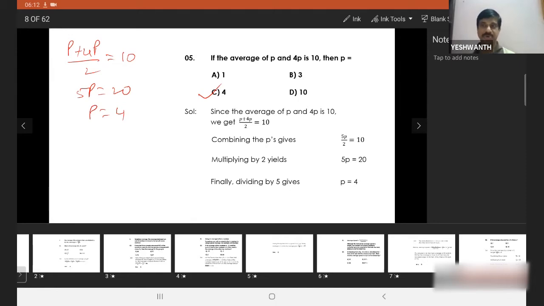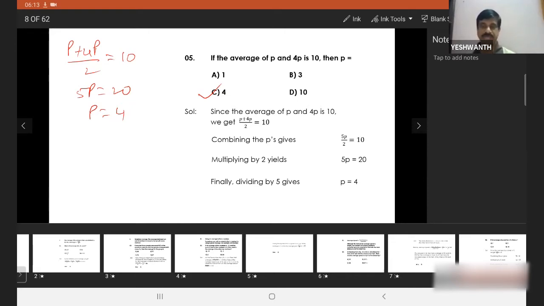Then if somebody is more curious of scoring 800 out of 800, of course, I wish everyone scores 800 out of 800. So for that, you need to practice even homework questions and classwork questions. I think if this is done, you'll be able to do better and score 800 out of 800.